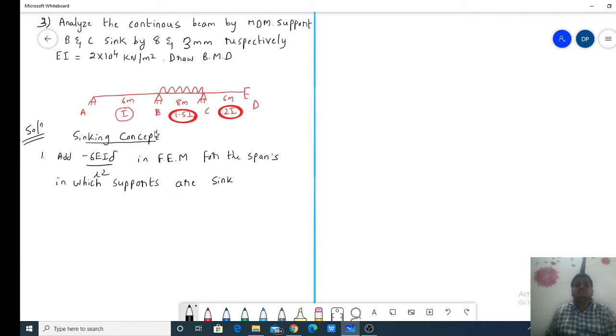So whichever span you are considering, wherein you come across a support which is sinking, then you have to take minus 6 EI delta upon L square.